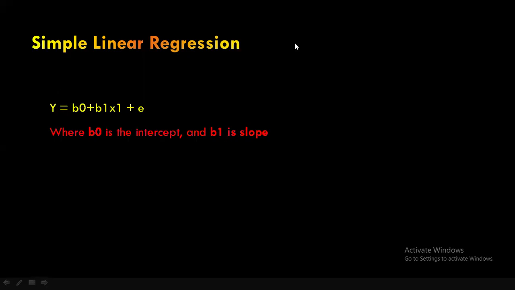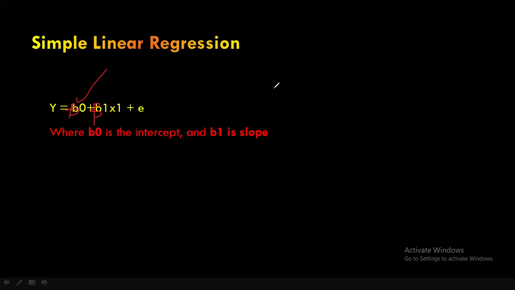This is the equation for simple linear regression: y = beta naught + beta 1 x1 + e. Since I was not able to put the beta naught notation, this is your beta naught and this is your beta 1. At school you must have studied y = mx + c, where c is the constant, which is the intercept, m is the slope, and x is the independent variable or input feature.